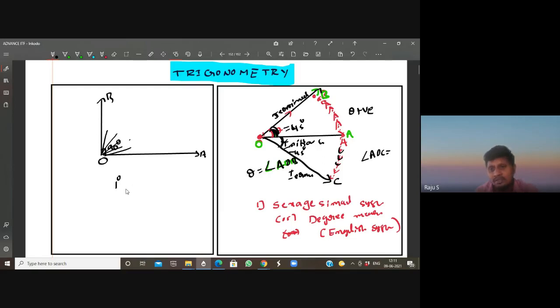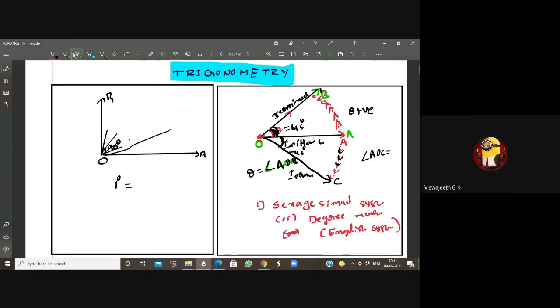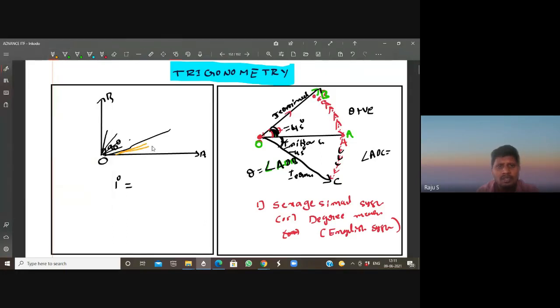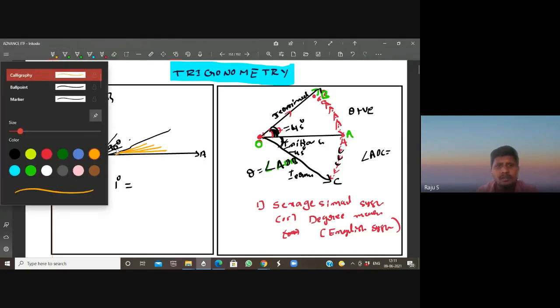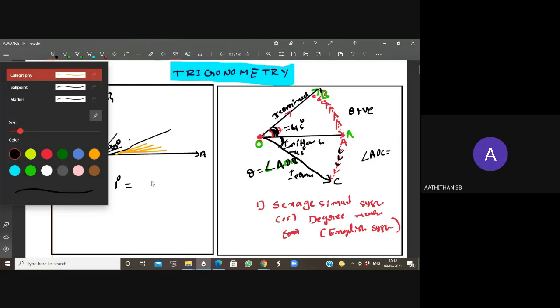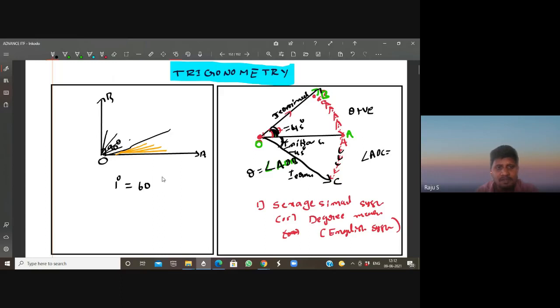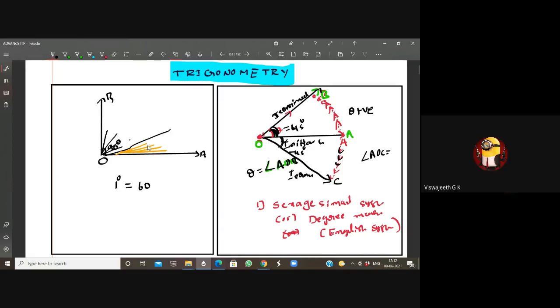Also in this system, everyone knows that 1 degree is equal to how many minutes? 1 degree can be divided into 60 equal parts. Each part is given by 1 minute. This equal part is called the minute. And we know that 1 minute is equal to how many seconds? 60 seconds.